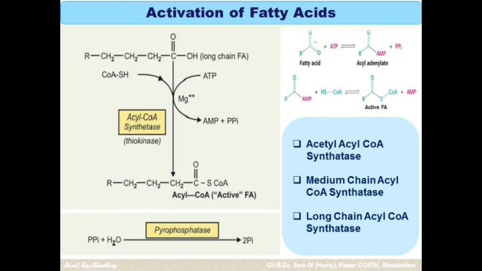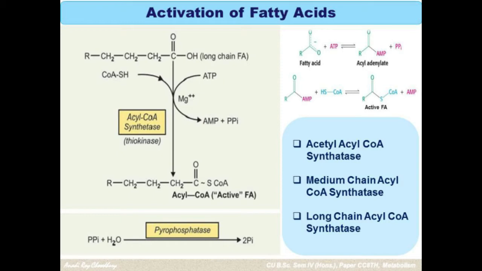Fatty acids have to be activated to acyl coenzyme A and then transported to mitochondria prior to oxidation. In presence of ATP and coenzyme A, acyl-CoA synthetase catalyzes the esterification of free fatty acids to fatty acyl-CoA.